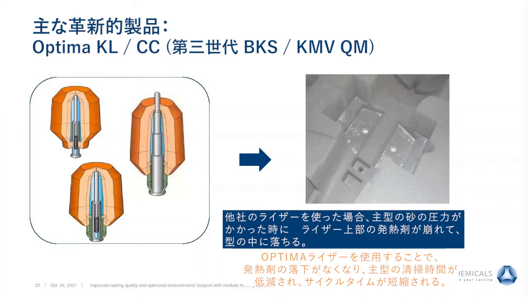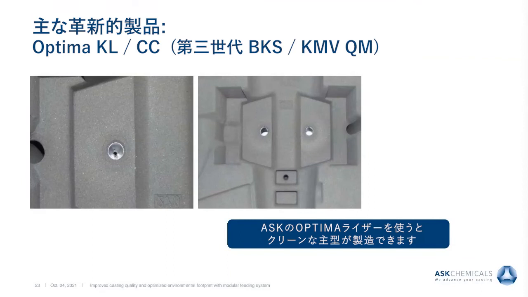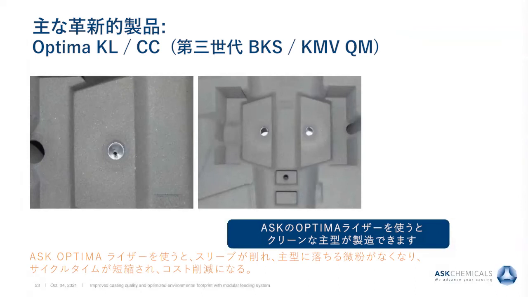In this foundry, they lost a lot of time cleaning the molds, so the cycle time was reduced. They then switched to our OPTIMA risers, and there were no particles anymore in the mold, and the cycle time of the production increased and saved a lot of money.